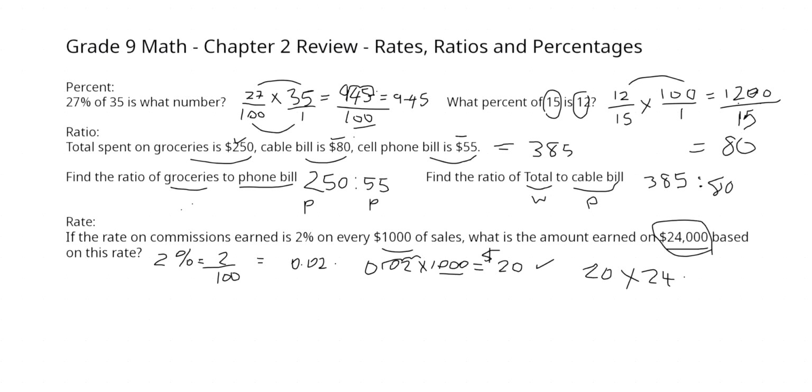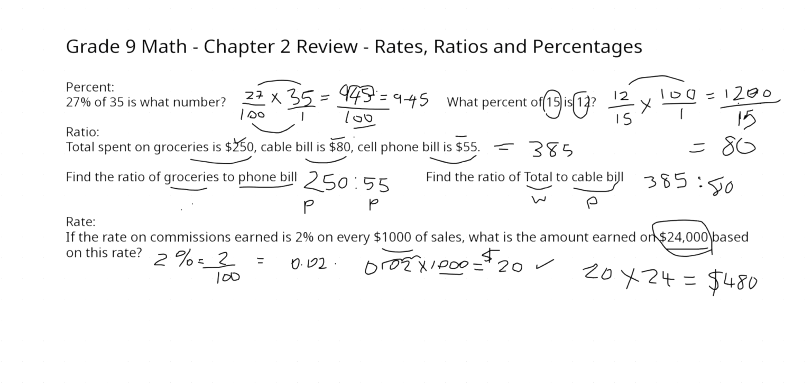So at a 2% rate on $24,000, that's how you have to do it, because you can't just simply say 2% on 20. If you say 2% on 24,000, well, you could do it that way too.